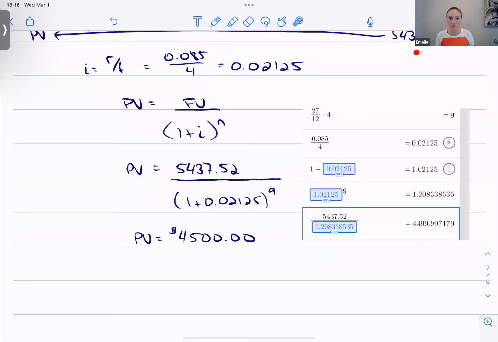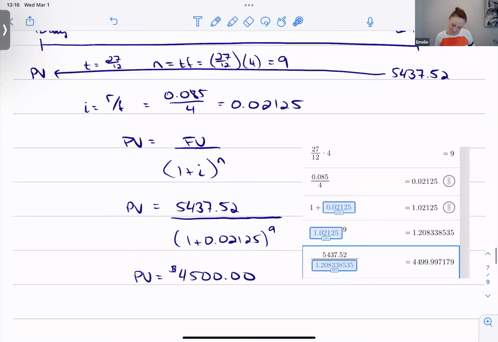It makes sense because this was such a choppy number that this would have started from a nice number. Not always the case, but usually. Okay, so then the initial investment was $4,500, right? And then over 27 months, it grew to $5,437.52. Nice.